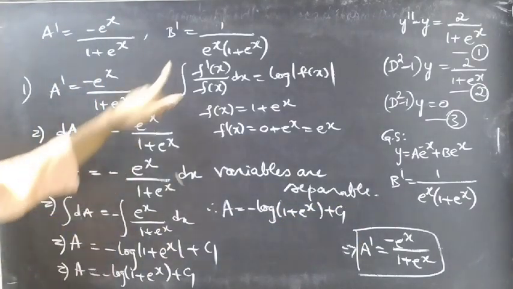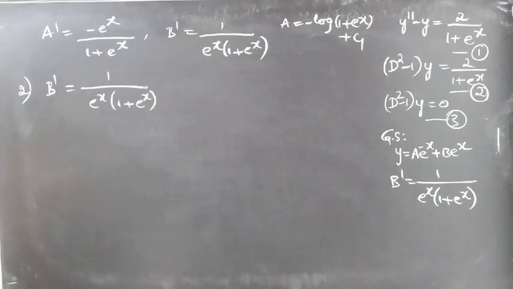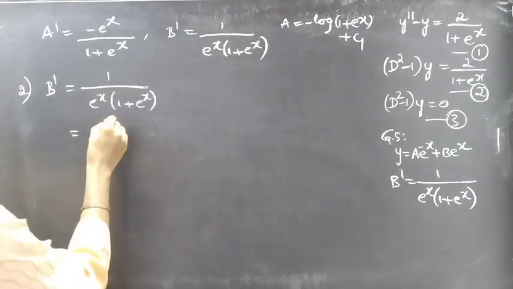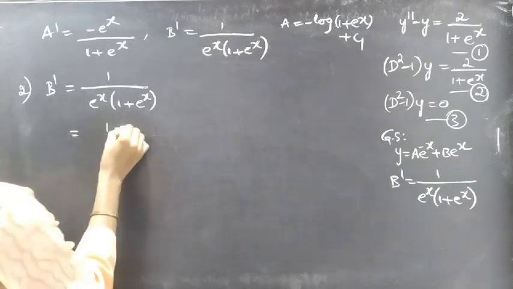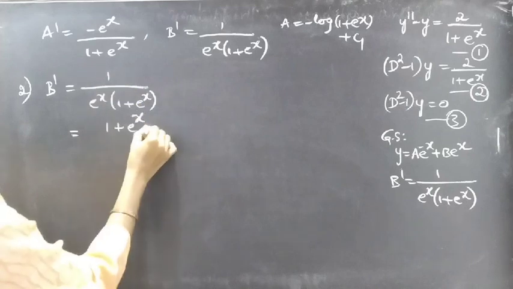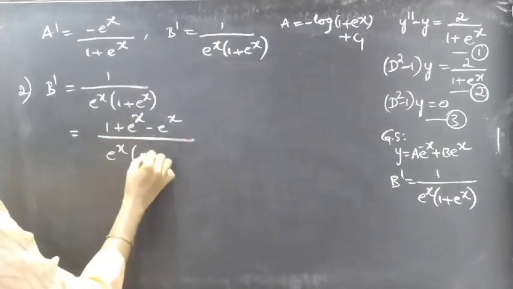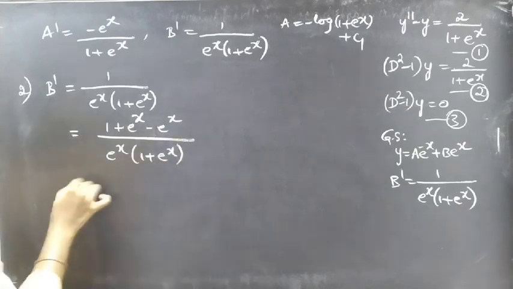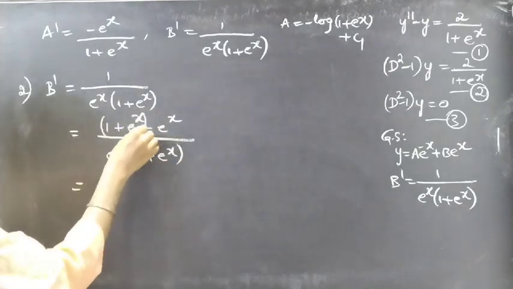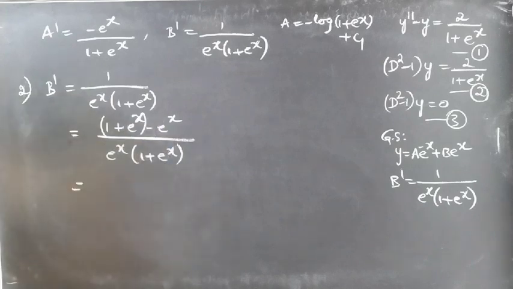Let's find B using b'. We have b' = 1/(e^x (1+e^x)), right? Now we'll add and subtract e^x in the numerator. Consider 1+e^x as one term and e^x as another term.